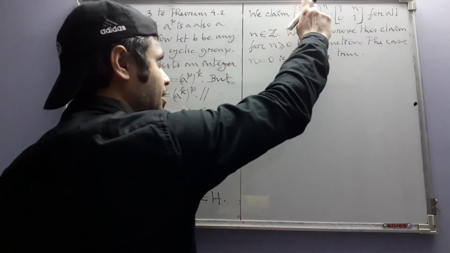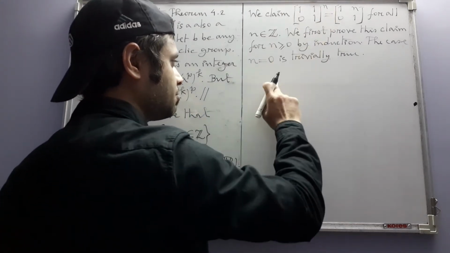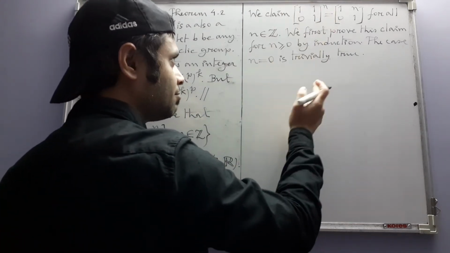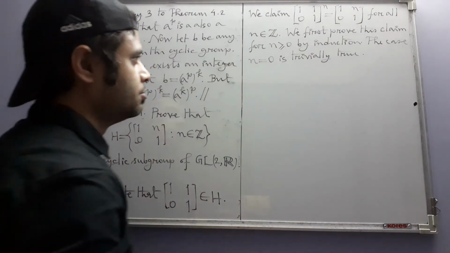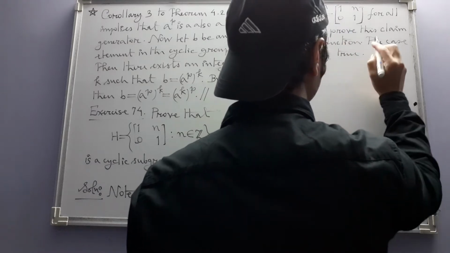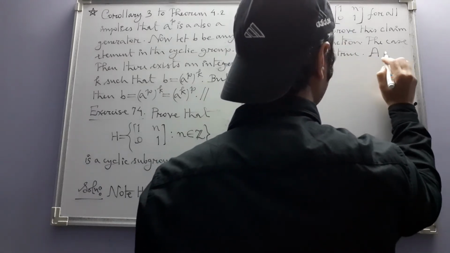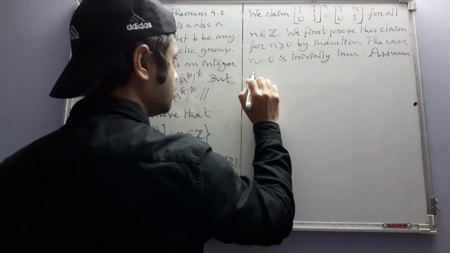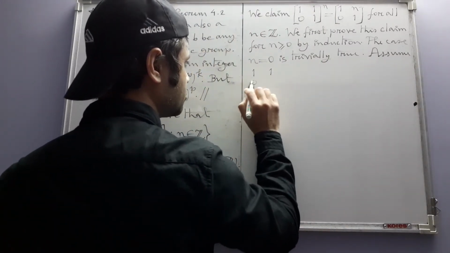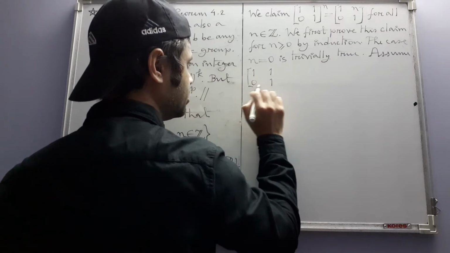Yes, in that case we will have 0 here, that means 1 0 0 1, and when n is 0 the right hand side is also 1 0 0 1. Yes, it is trivially true. Now assume that it's true for some non-negative integer n.